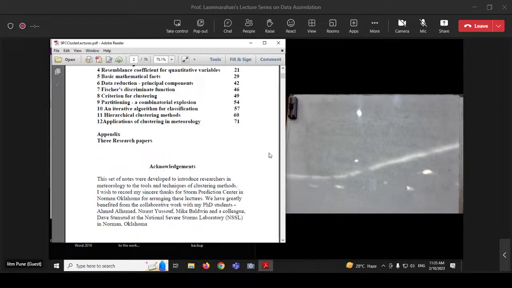So in Norman, we have School of Meteorology, National Severe Storms Lab, Storm Prediction Center, Advanced Radar Center, Research Center. So we have a lot of outfits related to various aspects of meteorological studies. They largely do mesoscale modeling.